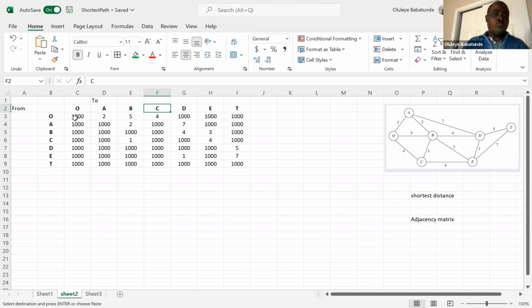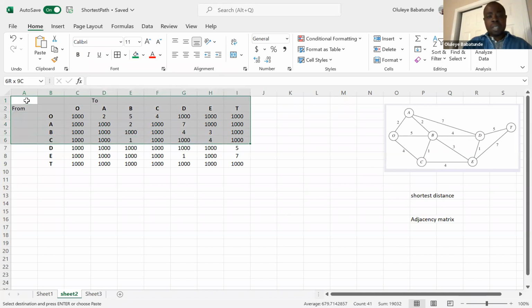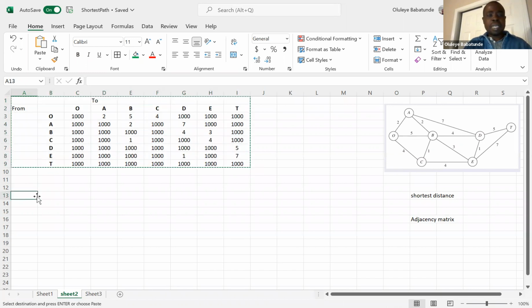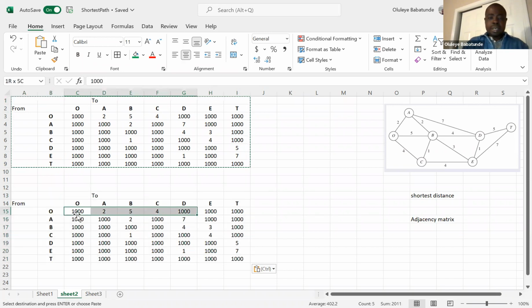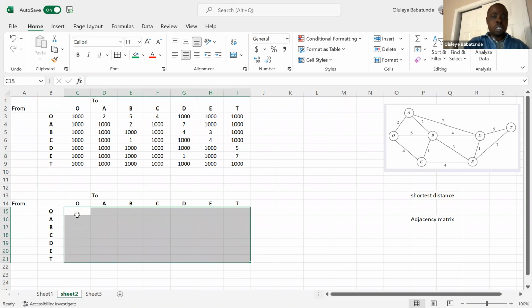All right, so I'm going to grab the entire, I'm going to call this a cost matrix. I'm going to grab this and then paste here, and delete this one.